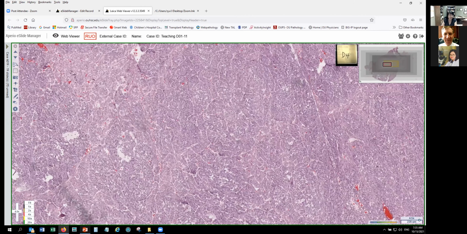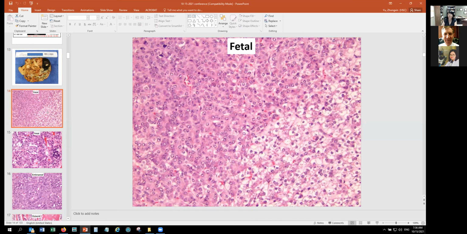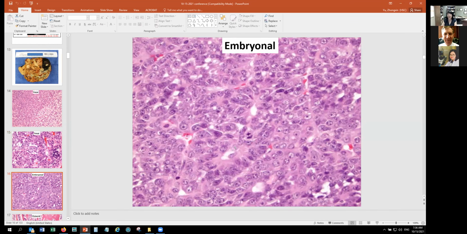So just a quick go through, these are tumor board type. The same case, you have fetal like dark cell, light cell, and there's extramedullary hematopoiesis. This is more embryonal, cells are large, high NC ratio, more prominent mitosis.